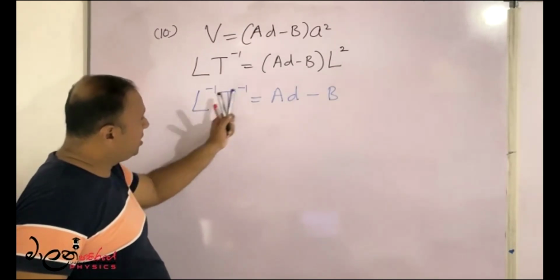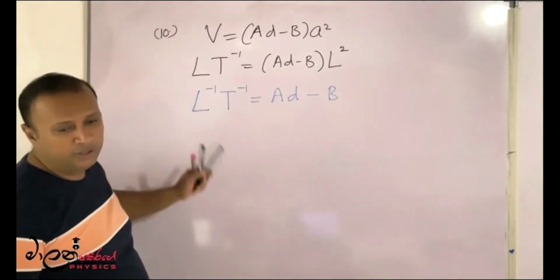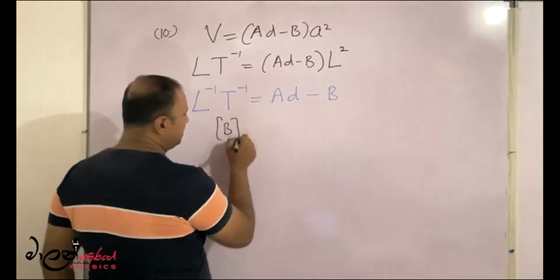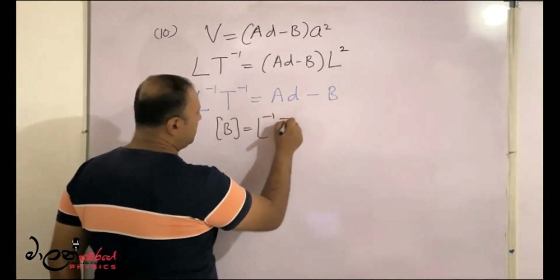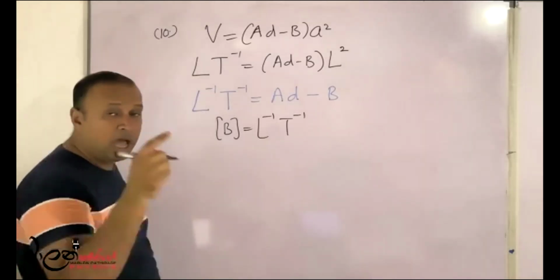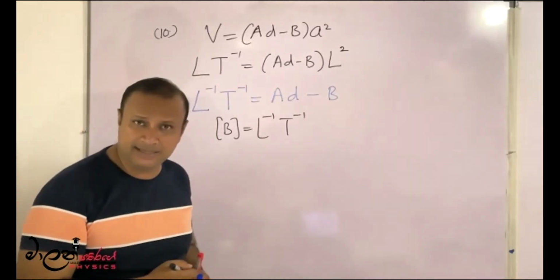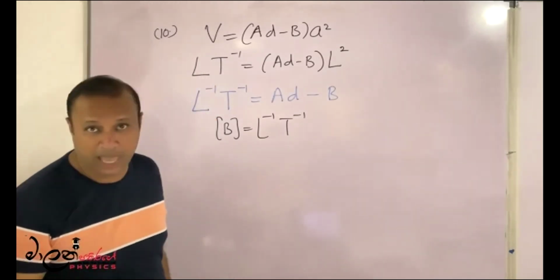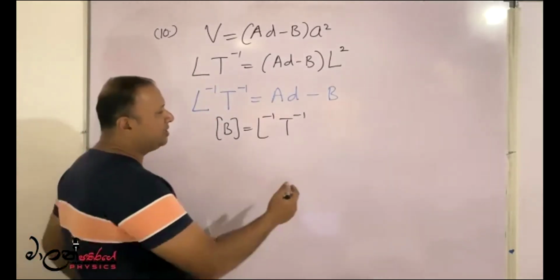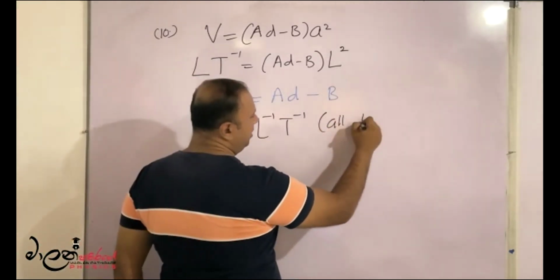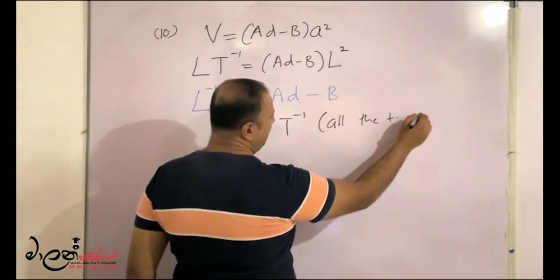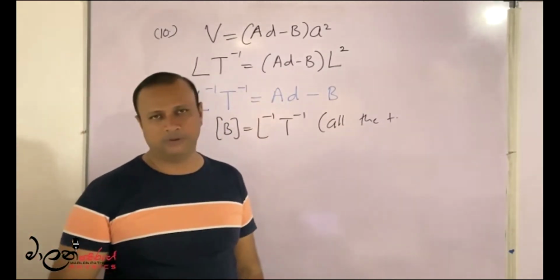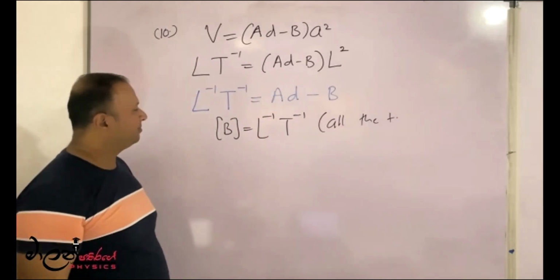Therefore, dimension of B is equal to L minus 1, T minus 1. The argument is all the terms in an equation should have same dimension. That is the argument.